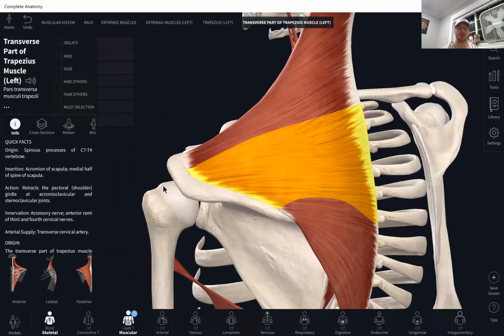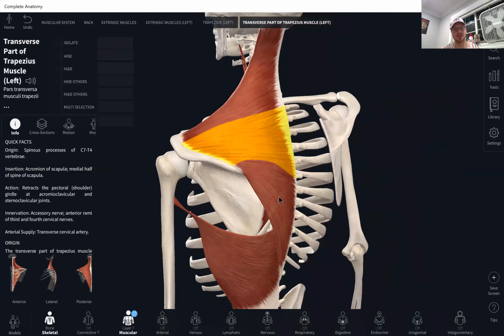And we can clearly see that. So the function here is scapular adduction. So it's kind of pulling those scapulas back in a retracting motion because it's pulling towards the middle of the spine. So you'll get your scapular adduction that way.